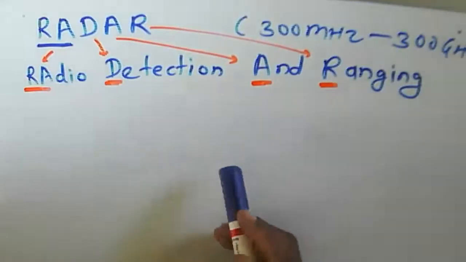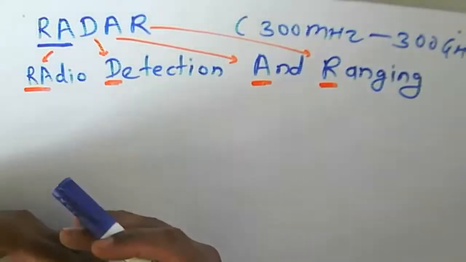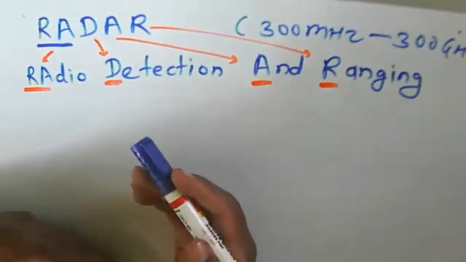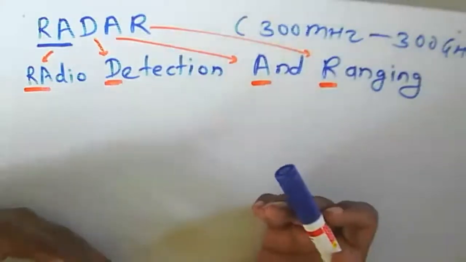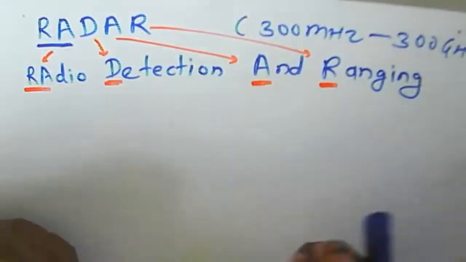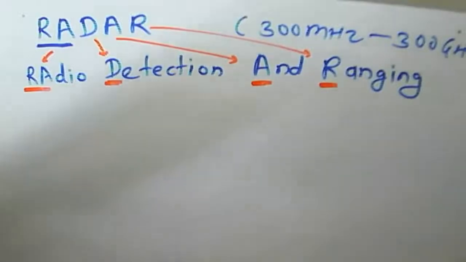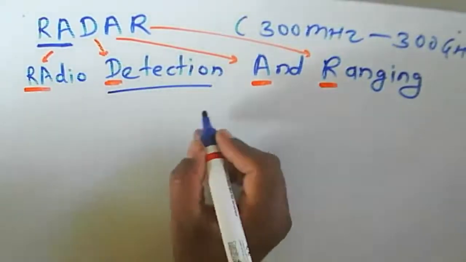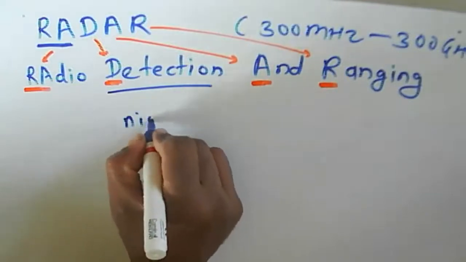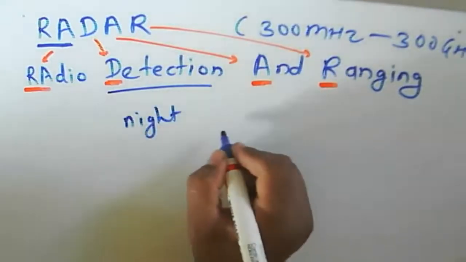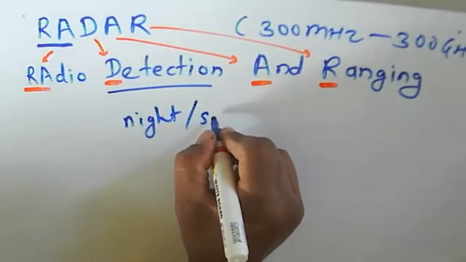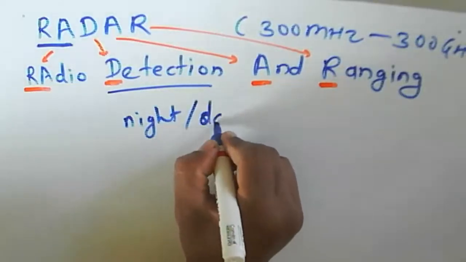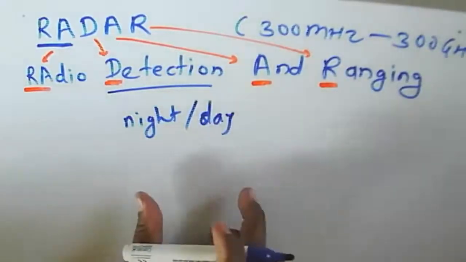And if you see, the radar can see various objects present in the day or night. Generally, it is useful for the detection of an object, whether it is night or day.